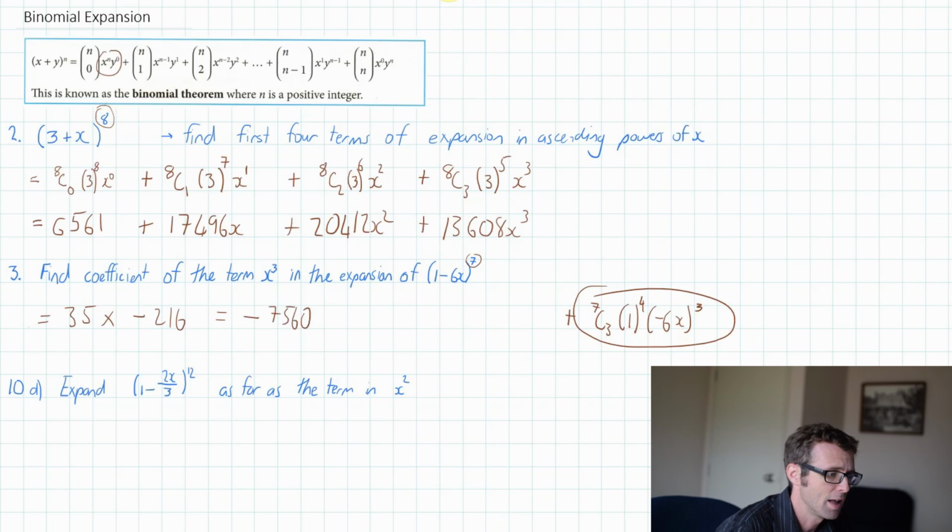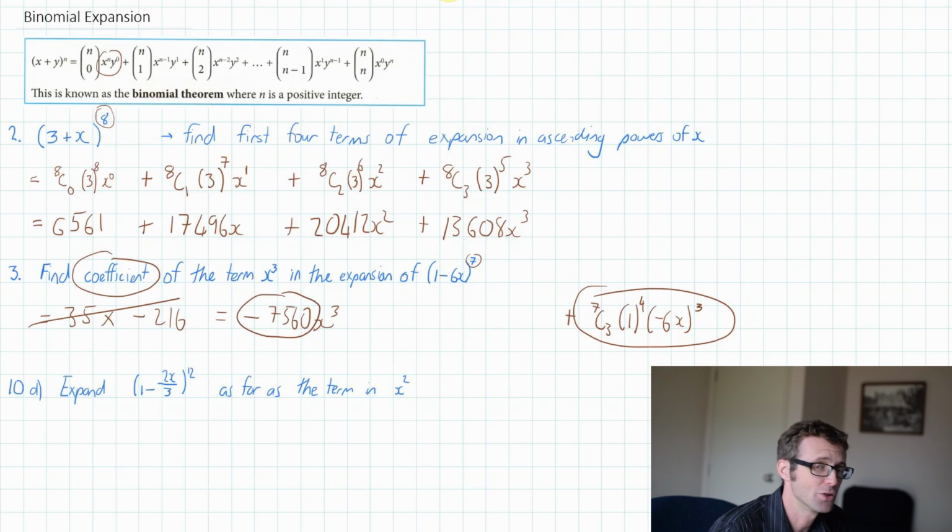So that means that our answer is going to be negative 7560x cubed, but they just want the coefficient, so I would report my answer as minus 7,560.